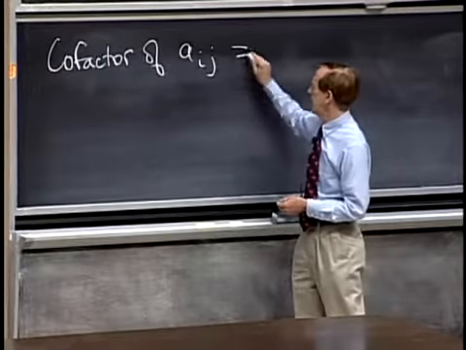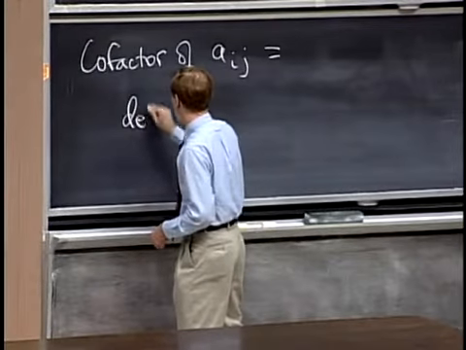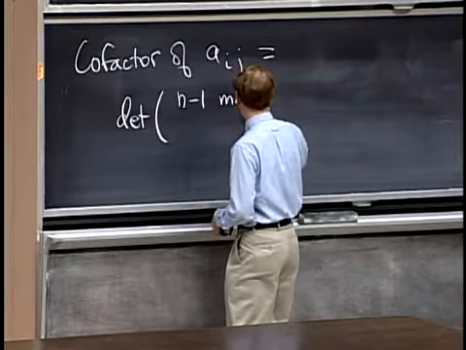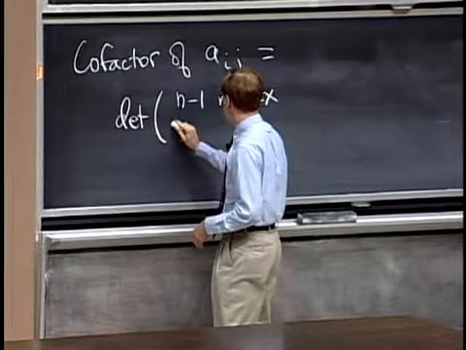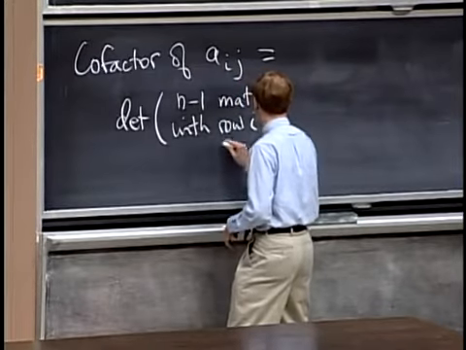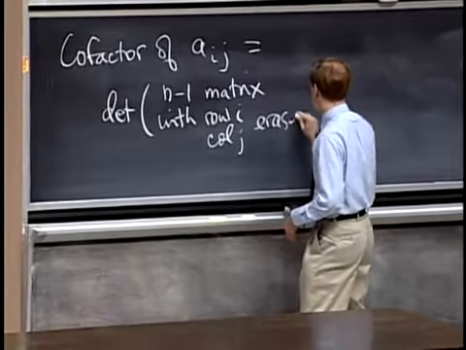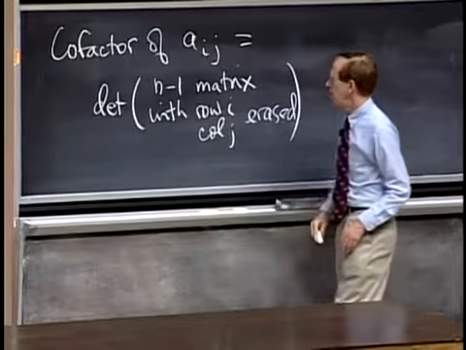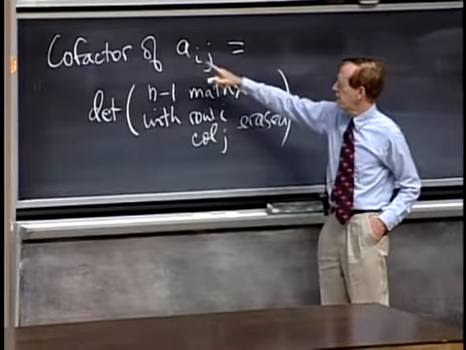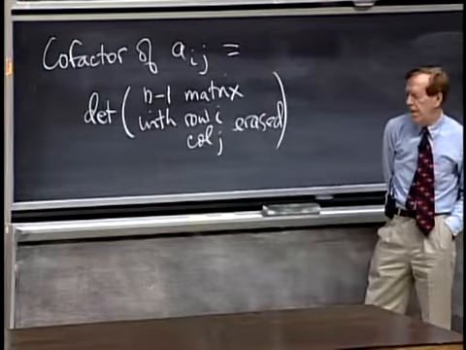It's the determinant of the n-1 matrix with row i, column j, erased. So it's a matrix of size n-1, because I can't use this row or this column again.